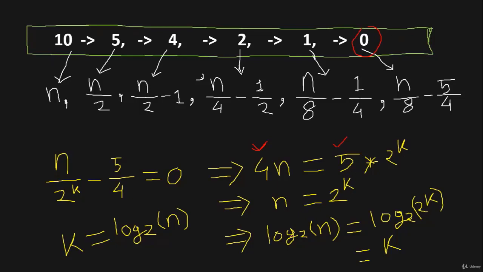If we take log base 2 on both sides, we get k. So k equals log 2 n, and this solution will take big O of log 2 n time complexity to solve this problem. And this is my solution to this problem.